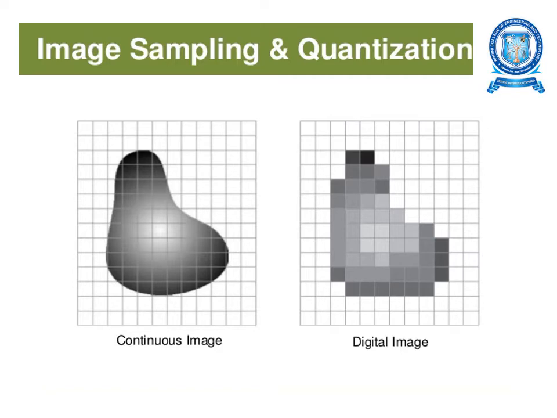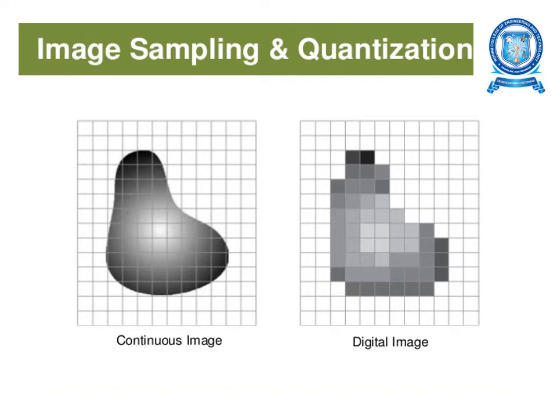So to know in depth, I have taken an example of sampling and quantization images. First I have taken a continuous image. Now let's see what is sampling and quantization. I'm going to convert this particular continuous image into digital form.